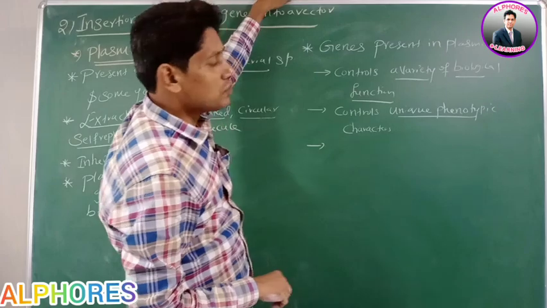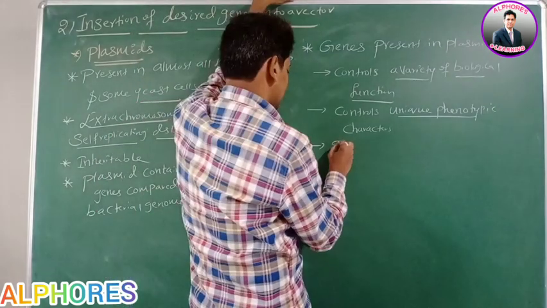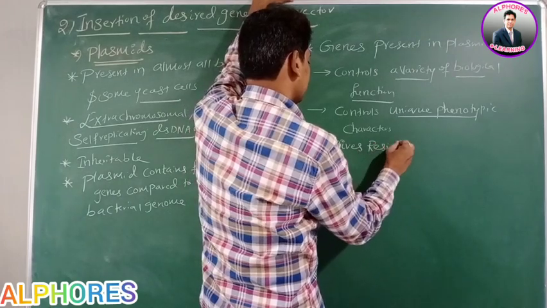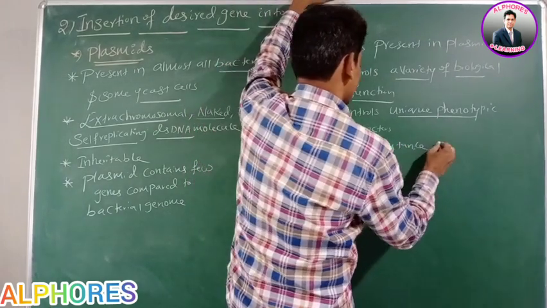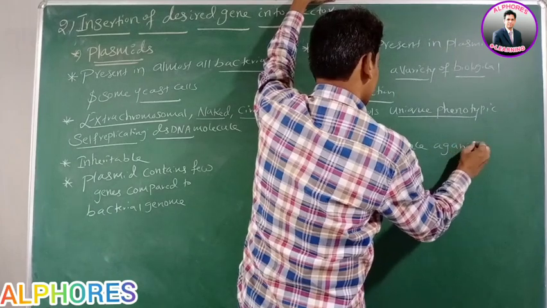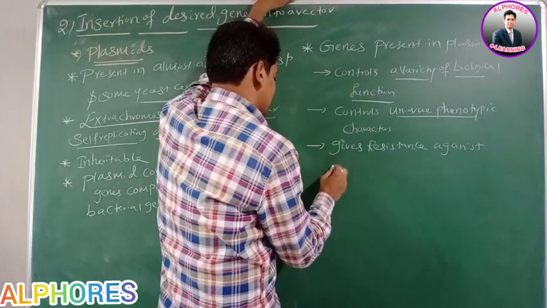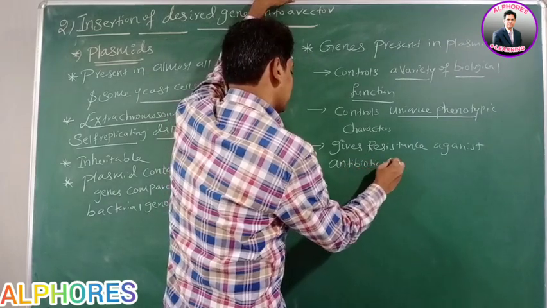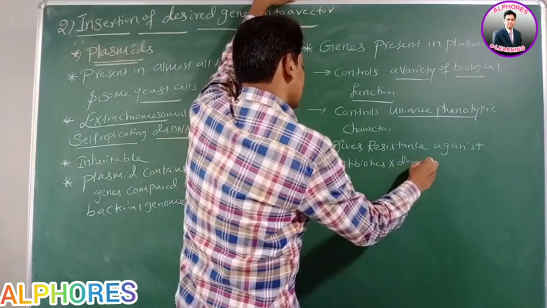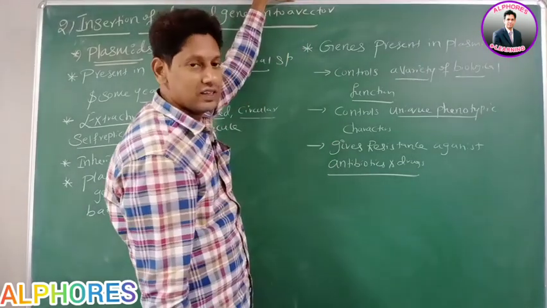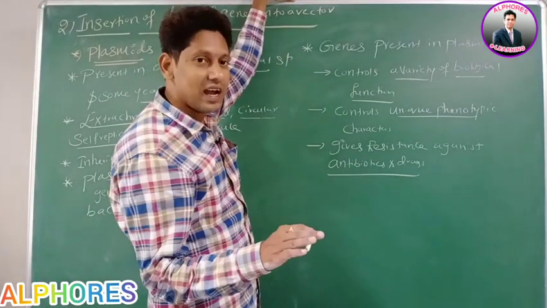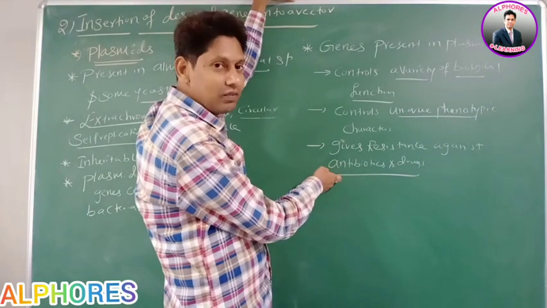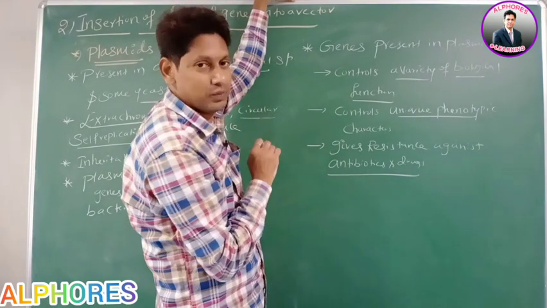Right? Sir, genes present in plasmid give resistance against antibiotics and drugs. This statement clearly indicates that bacteria is getting resistance against antibiotics due to the presence of some type of genes present in plasmid.